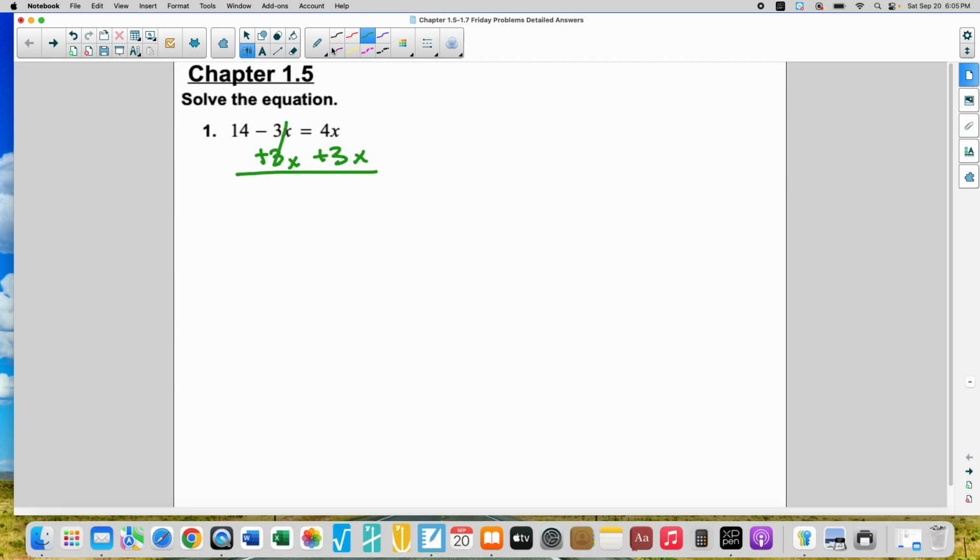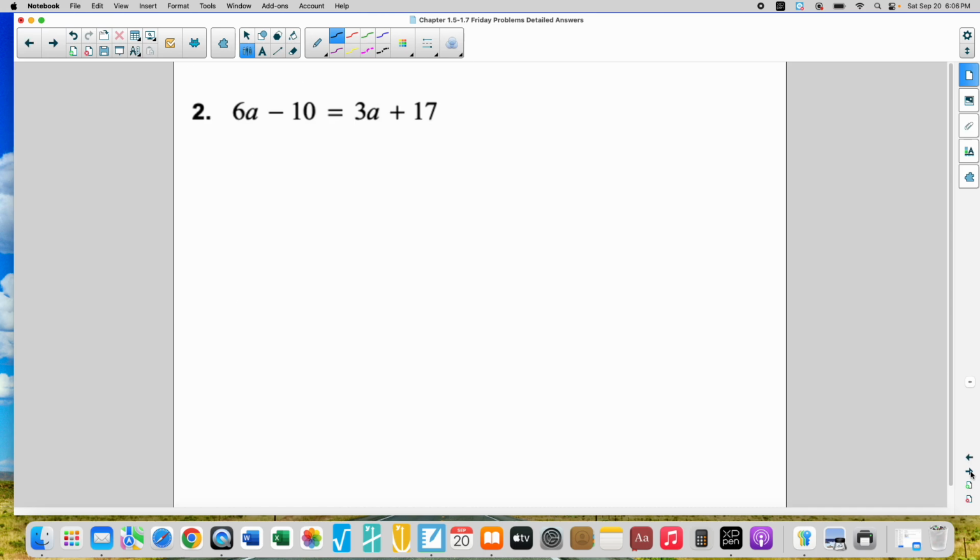These cancel, leaving me with 14 equaling 7x. These are like terms. We're adding 4x plus 3x, and now we're going to divide by 7, and we get 2 equals x. Nice, simple starting problem.